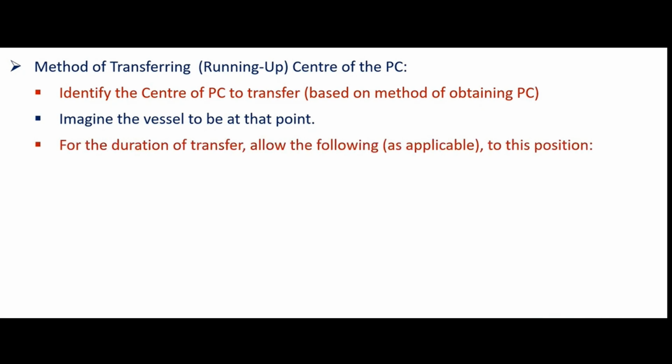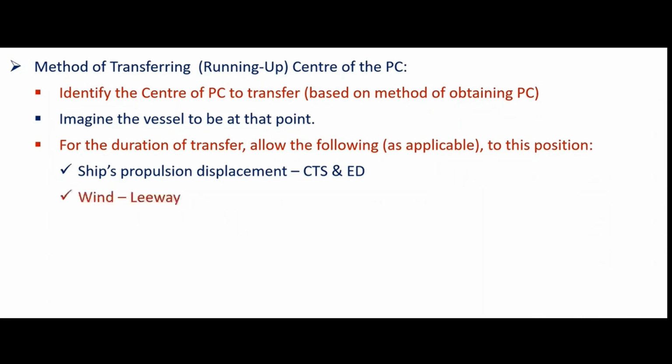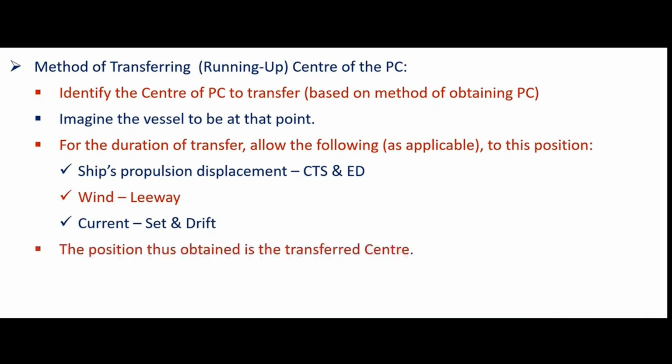For the duration of transfer, allow the following as applicable to this particular position, that is the center. Ship's propulsion displacement comprising of the course she steered and the engine distance she covered during the interval. Wind allowed for through its leeway and current allowed through its set and drift.